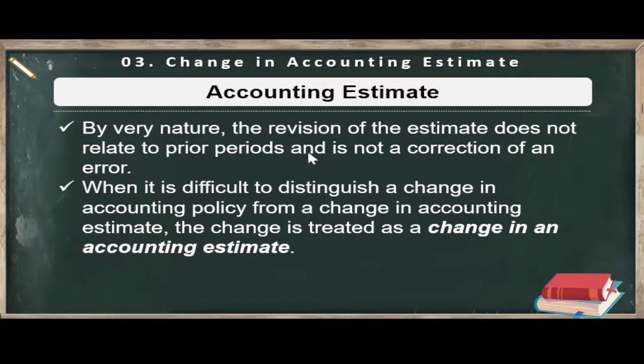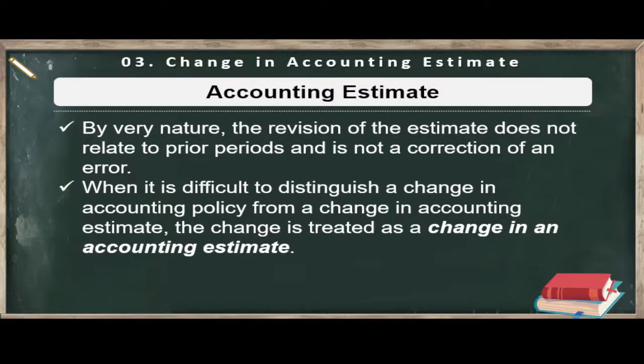When it is difficult to distinguish a change in accounting policy from a change in accounting estimate, the change is treated as a change in accounting estimate. So, kung maglibog kung unsa man ni siya, change in accounting policy ba ni siya or accounting estimate mga change, so you would treat it as a change in accounting estimate.